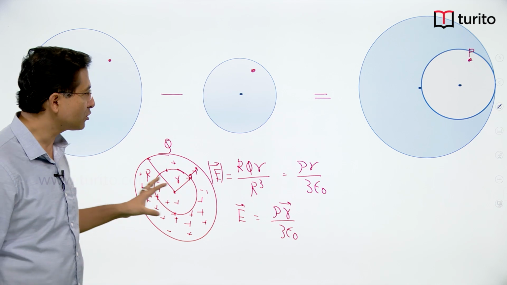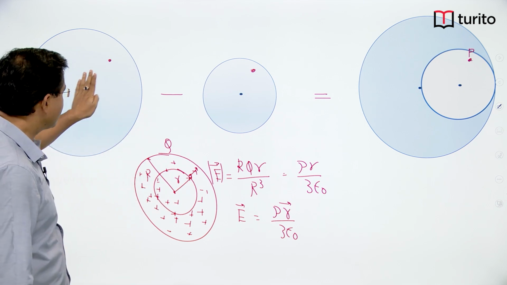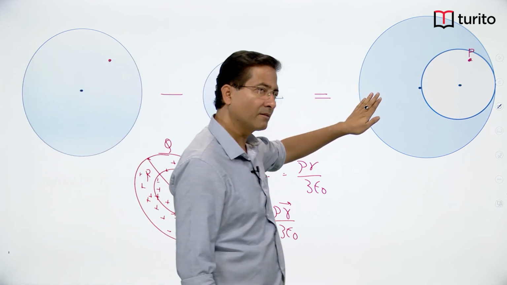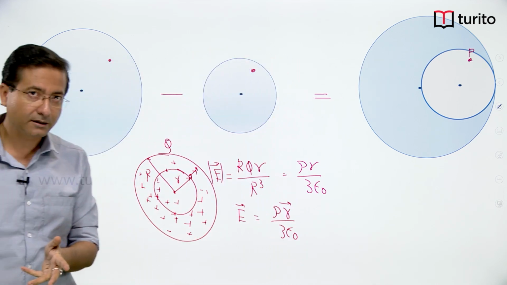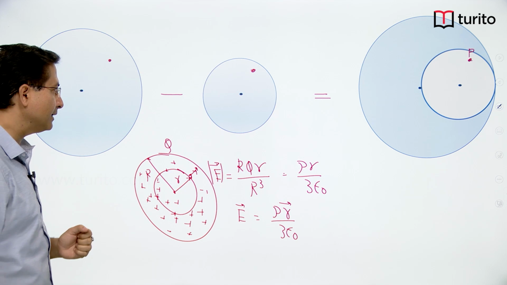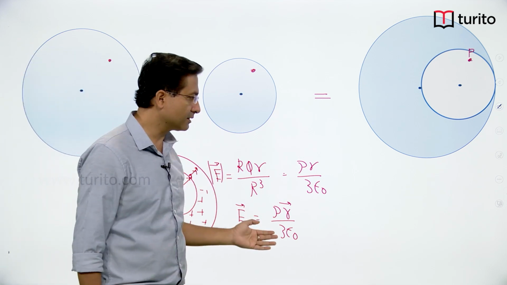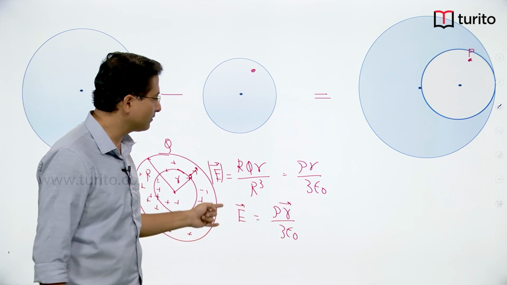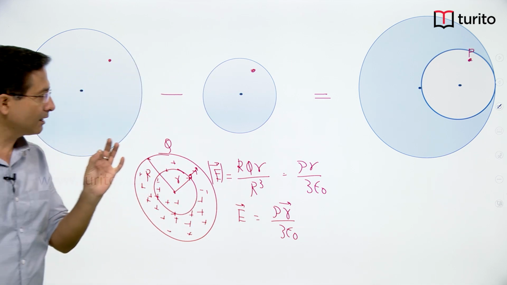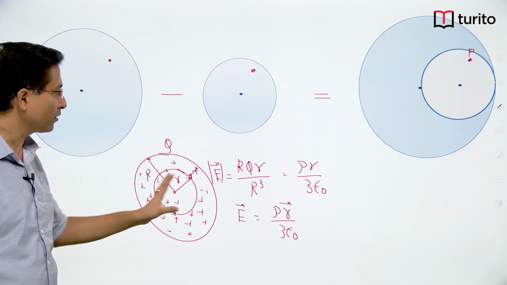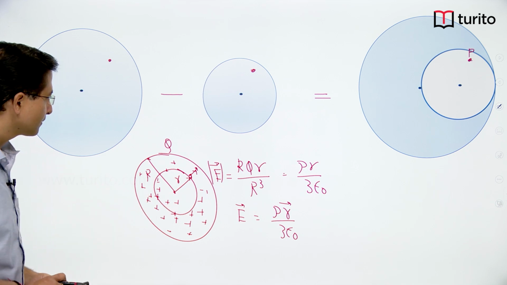Instead of going by charge, because every system will have different charge, but every system will have the same density, it would be better if we write in terms of density, right. That is why I have written in terms of density, rho r upon 3 epsilon naught r vector, a very important format, remember this one.